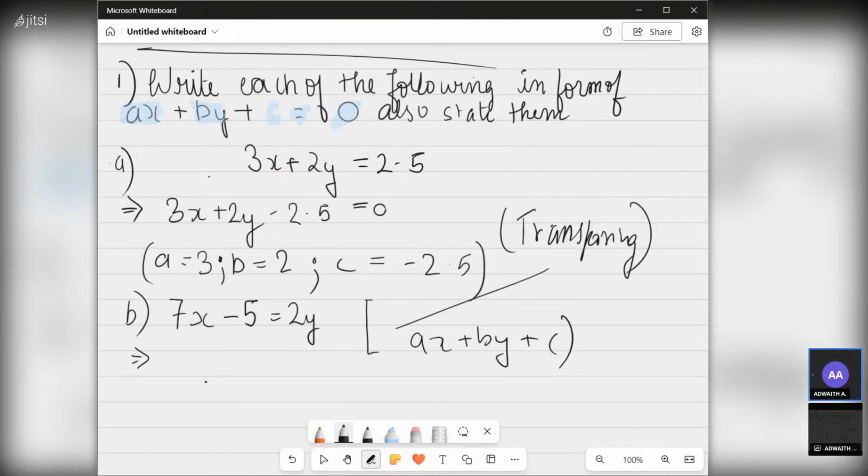So transposing, what do we do? We have to bring this 2y to the other side. So 7x, we write 7x. We have to take the additive inverse, including the sign. We change the sign. Don't do what some people do: if 7x minus 5 is equal to 2y, they write 7x minus plus 2y.